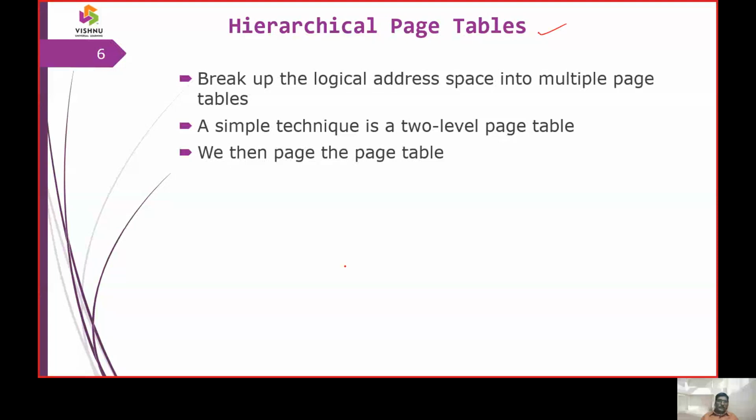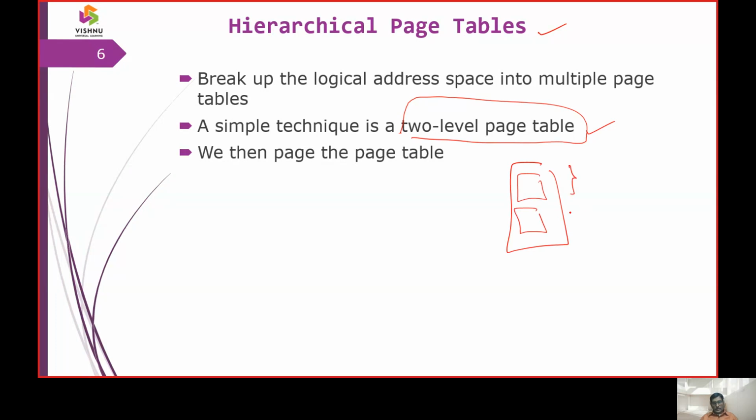The definition itself is a simple technique with a two-level page table. The first difference is activated from this line. I have a page, and it is broken up into different segments.